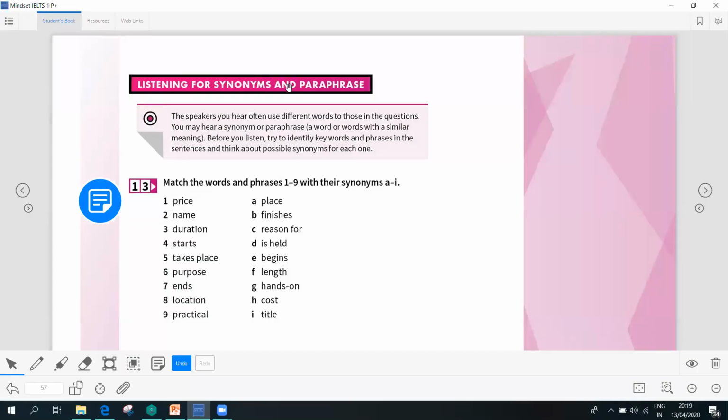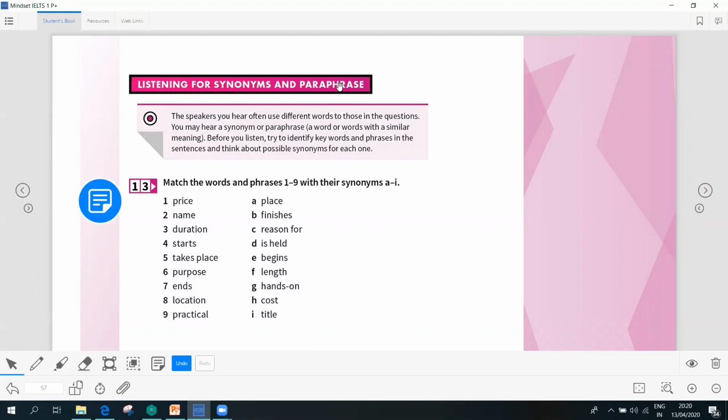Listening for synonyms and paraphrase. Synonyms are words with the same meaning. And paraphrase, you already know what a paraphrase is. Paraphrase is saying something or writing something in other words. There is a text, you write the information in the text in different words without copying the same words from the text.